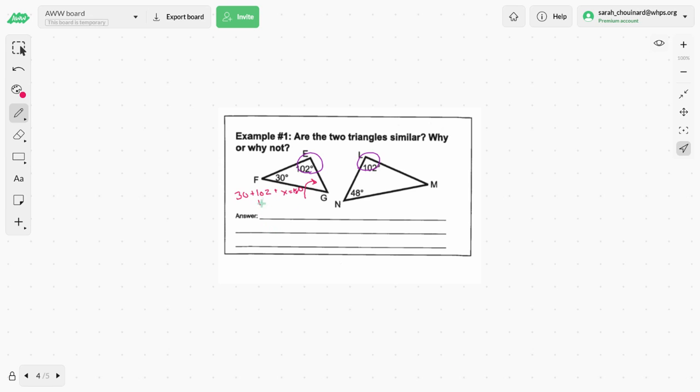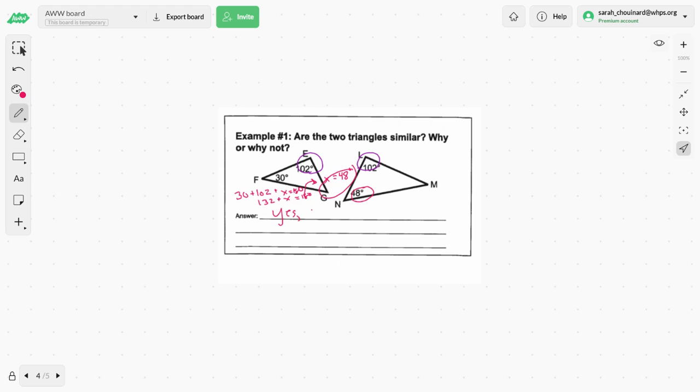If we combine our like terms, we get 132 plus x equals 180. If we subtract 132 from both sides, we get x equals 48 degrees. So in fact, these triangles are similar because I do have two pairs of congruent angles.